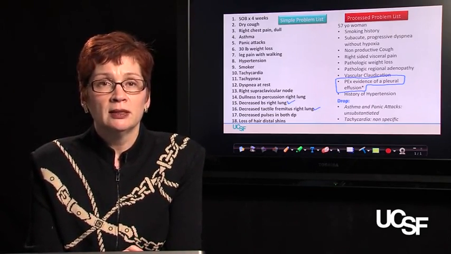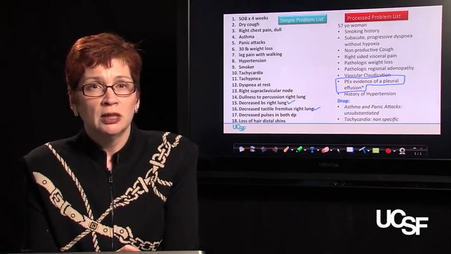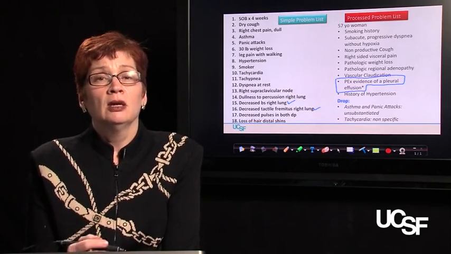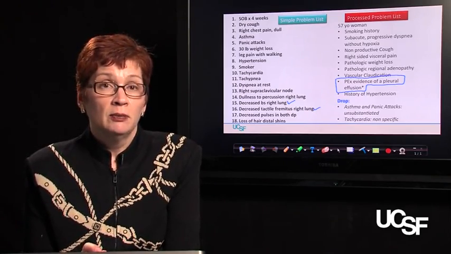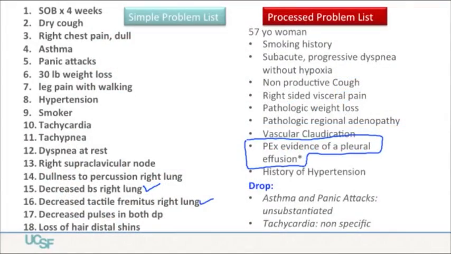If you had pneumonia as the cause of the dullness to percussion, you would expect to hear increased breath sounds because fluid within the lung transmits sound better than air does. So these three phenomena, dullness to percussion to the right lung, decreased breath sounds, and decreased tactile fremitus, knowing our physical diagnostic interpretation, can allow us to say that she has physical exam evidence of a pleural effusion.